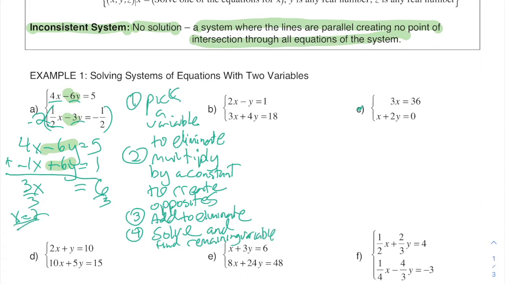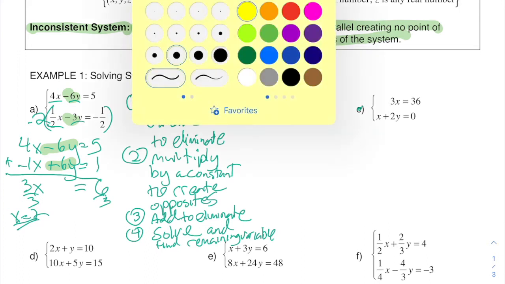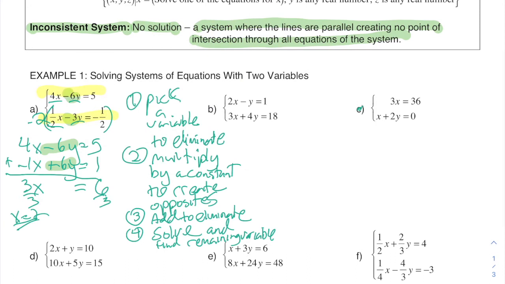I know that x is 2, but I'm not done. I have to substitute it back into an original equation, either this one or this one, whatever's easier. If I can avoid the fractions at all costs, and I'm sure you feel the same way, I'm going to do that. So I'm going to substitute it into the top equation here. That's 4 times 2 minus 6y is equal to 5.